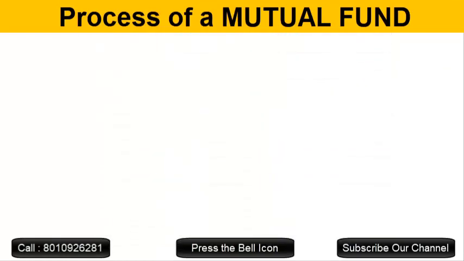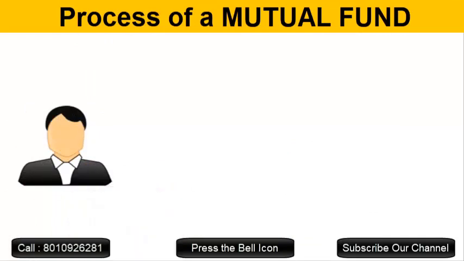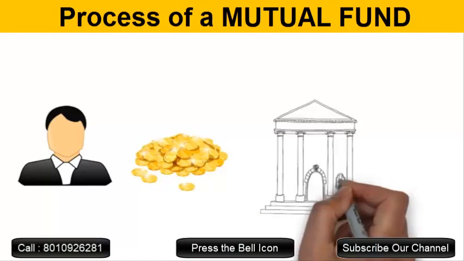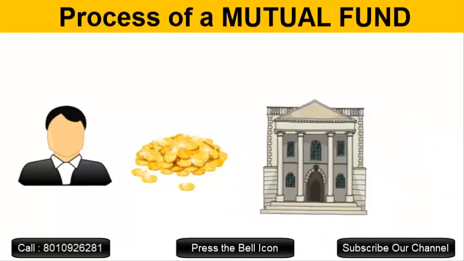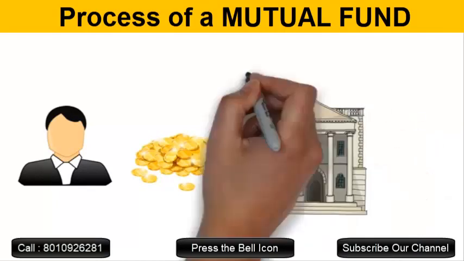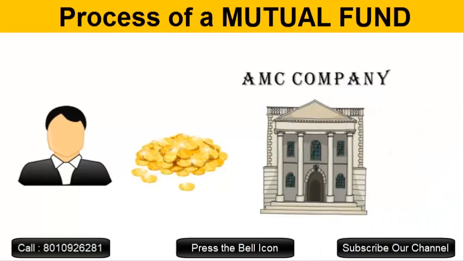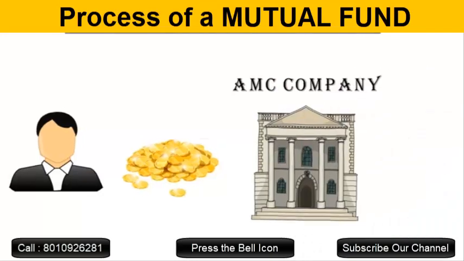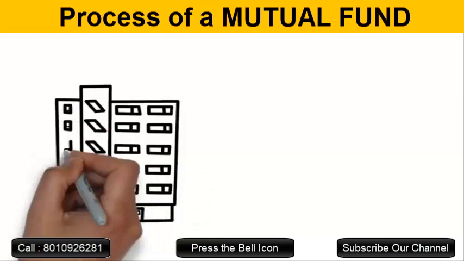Now next is investing directly with the AMC. You can invest in a mutual fund scheme by investing directly through the AMC. The first time you invest in any mutual fund, you may have to go to the AMC's office to make your investment.